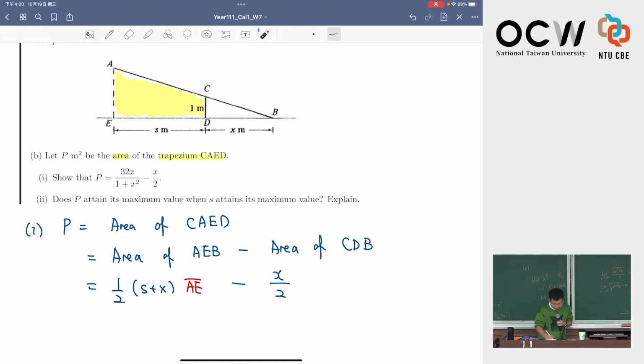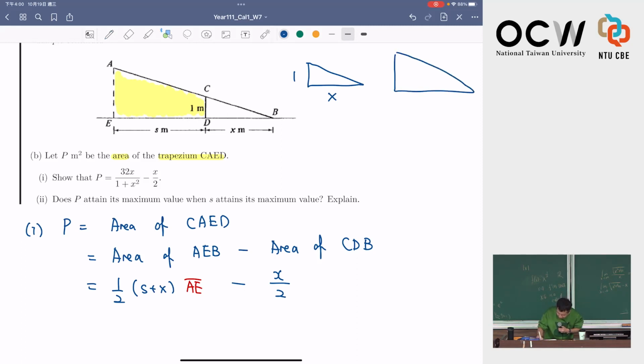Or the reason why you learn similar triangles when you were a baby is because you can do similar triangles again. If you look at the smaller triangle, you get 1 and x here. If you look at the larger triangle, you get s plus x, and then the height is what we wish to find, namely AE.